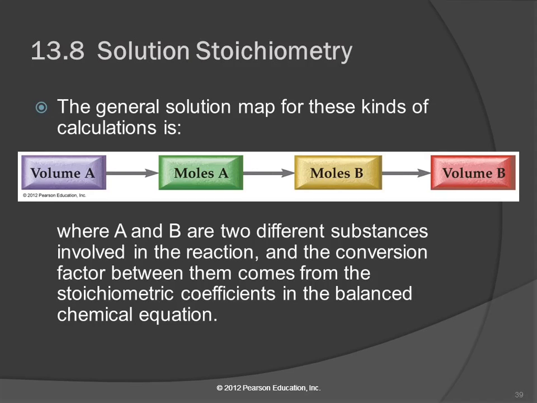So the general solution map here is that you have a volume of something and you go to moles of that and then to moles and then to a volume. So it's a little bit different than grams to moles to grams, and yet it's related. Because before we did grams here and grams here.